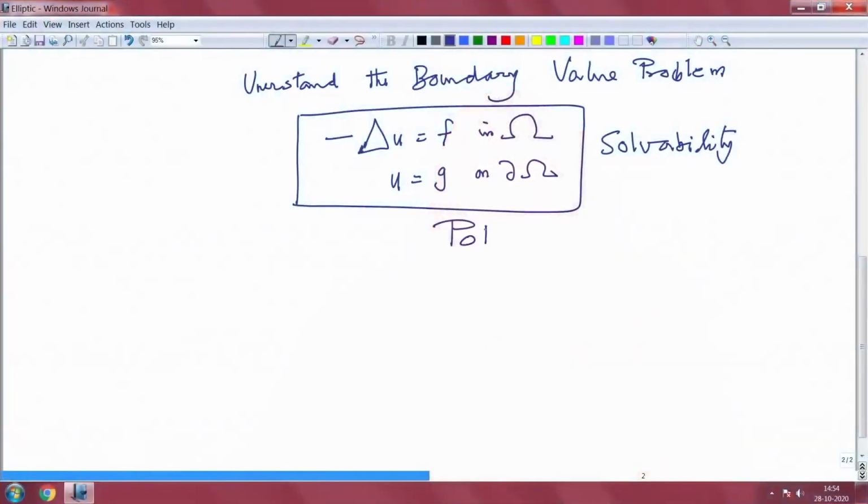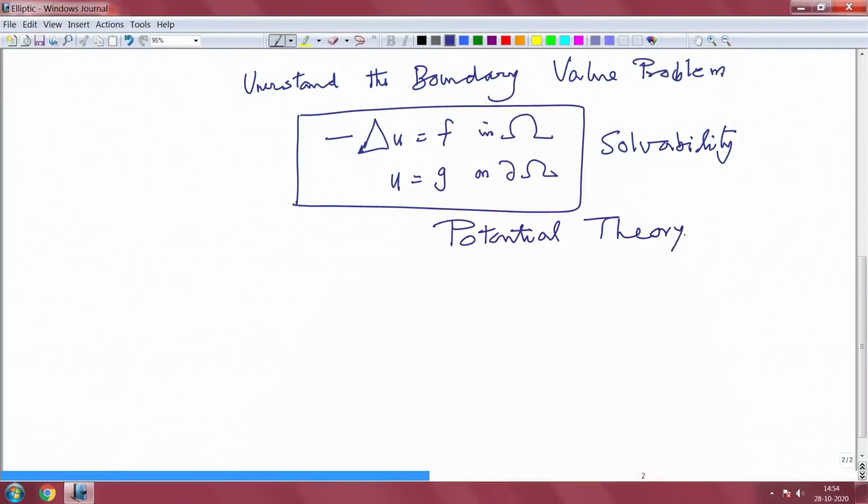It is not that this operator is just an example, it is a part and parcel of differential operator theory, and in lot of physical and engineering applications this Laplacian operator appears frequently. And the study of this is called potential theory.